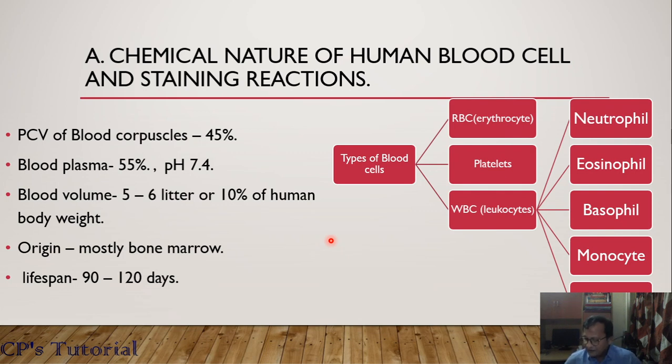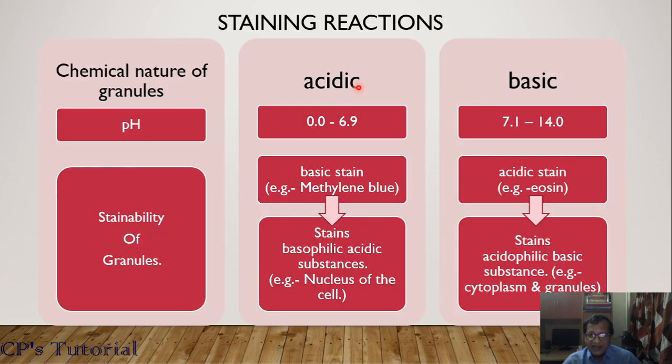Identification of the granules is most important to know their functions separately. But the peculiarity is that all the corpuscles do not behave in the same manner because of their different pH. Some of the granules are acidic in nature, some are basic in nature.